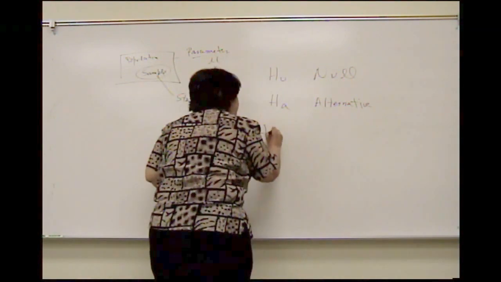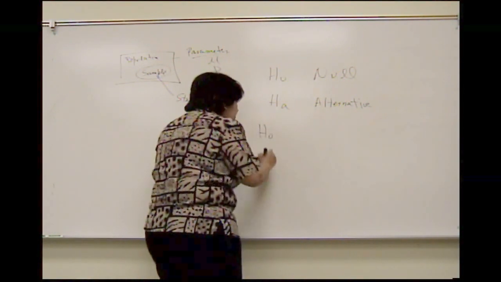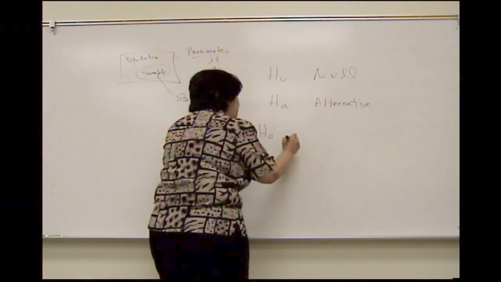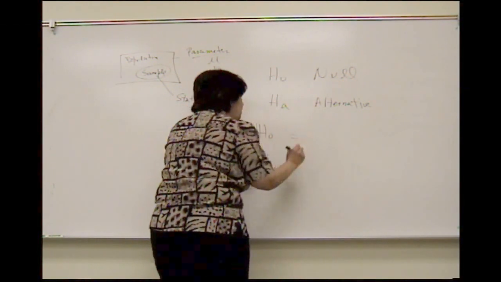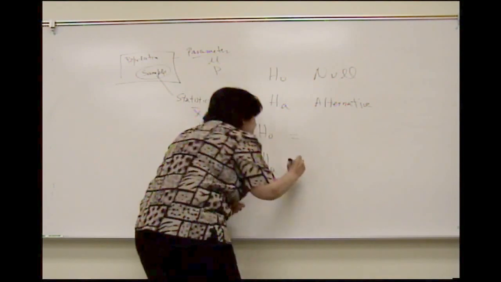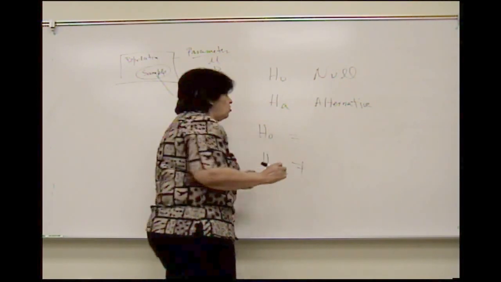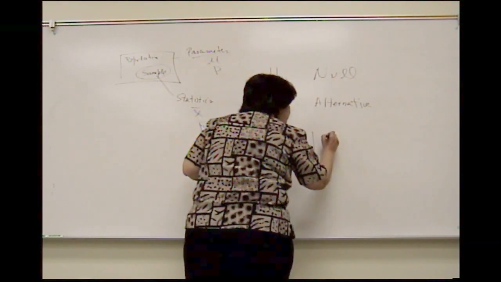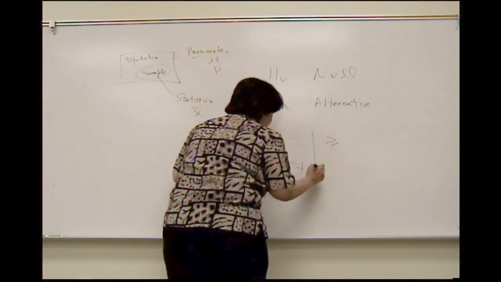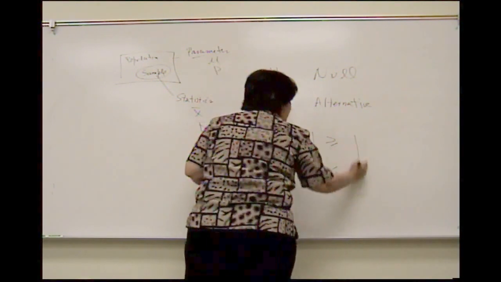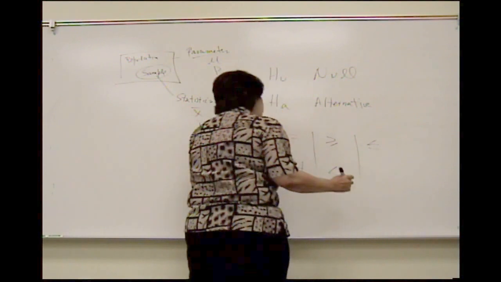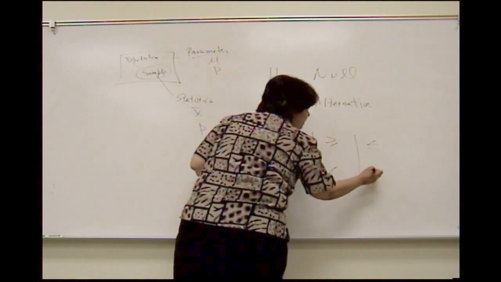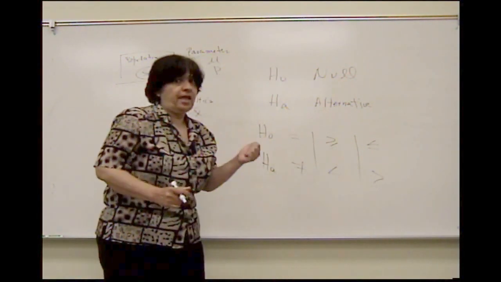So if my null hypothesis deals with equal, the alternative hypothesis has to deal with non-equal. If the null hypothesis is greater or equal, then the alternative has to be less. And if the null hypothesis is less or equal, then the alternative hypothesis has to say greater than.